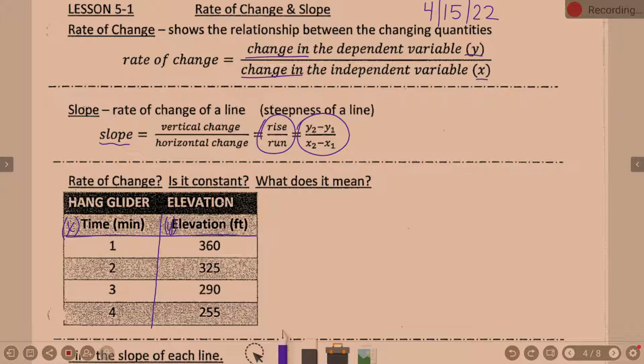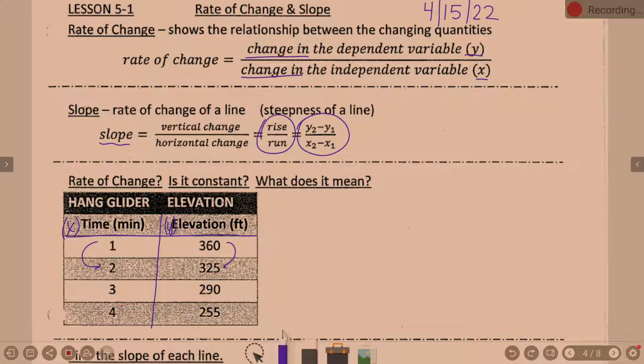So here's what I want you to think about. What's the change in this Y right here over the change in this X right here? So how do I find the change in something?